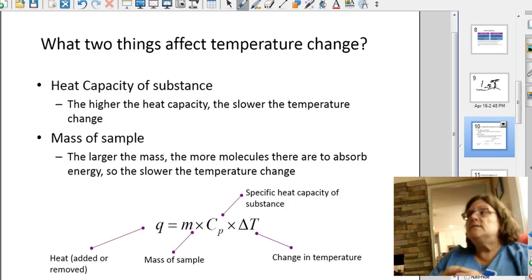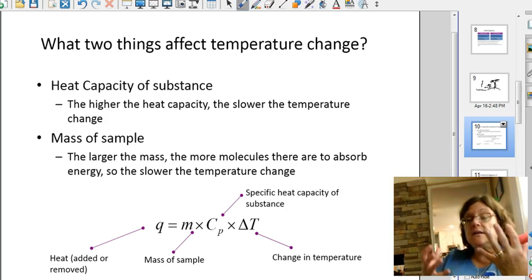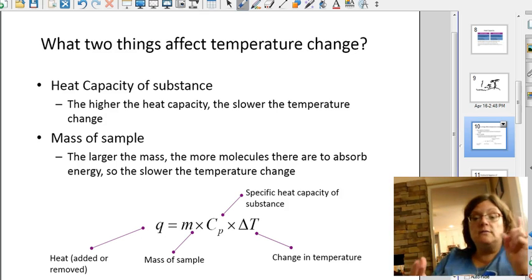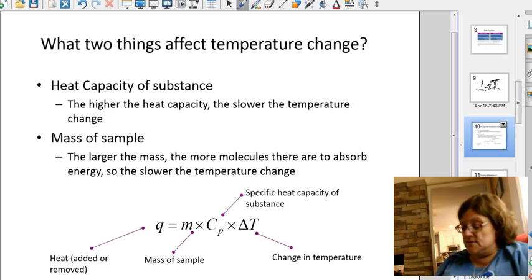In fact, sometimes something we would consider cold, with a lower temperature, will actually have more heat than something we would consider hot, because you have to take into consideration the mass, what it's made of, the specific heat, and how much temperature change you're going to have.